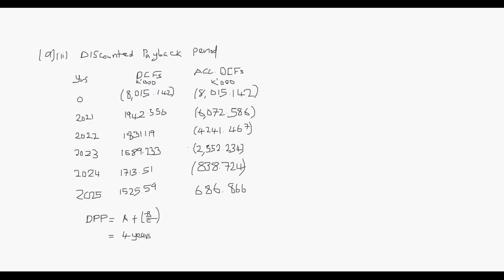Now we want to know the specific number of months. Because we want to know the number of months, we multiply by 12 months. That is what the formula means.